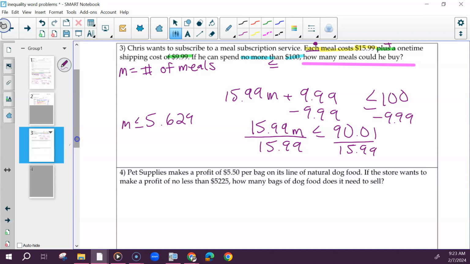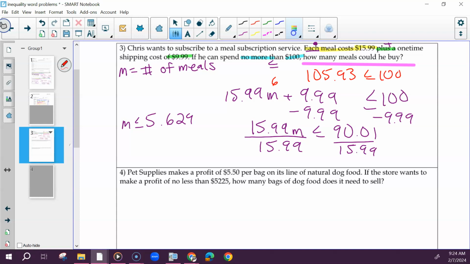So then we have to decide, would we round down or round up? So if you round up, that would be 6. Let's put 6 in here and see what happens. So 15.99 times 6 plus 9.99. What do we get? $105, exactly. 105.93.